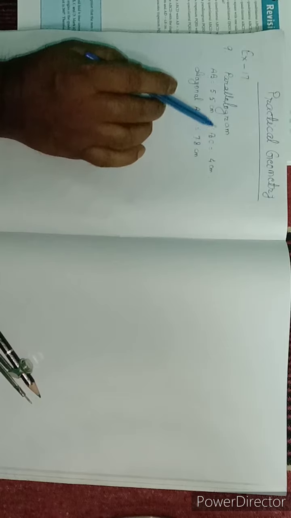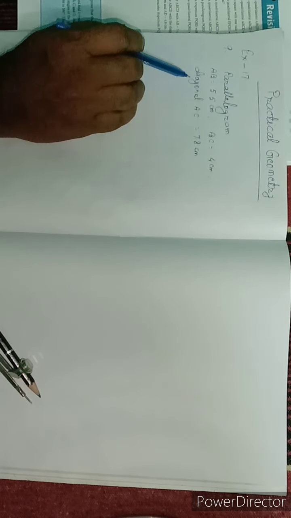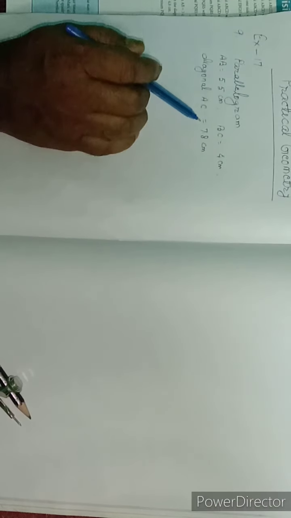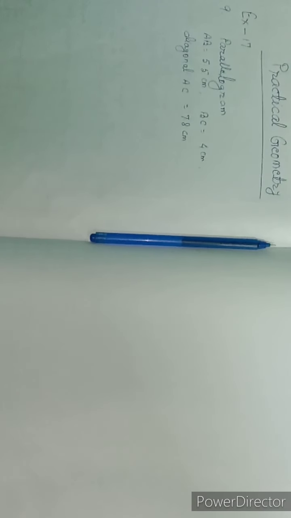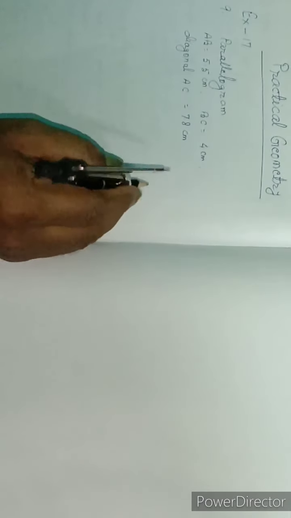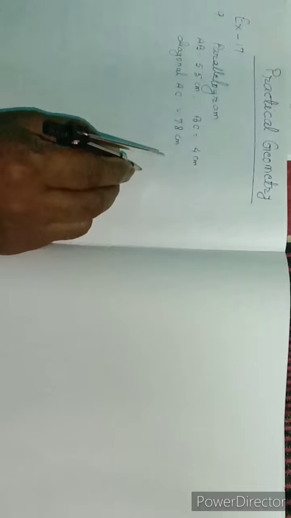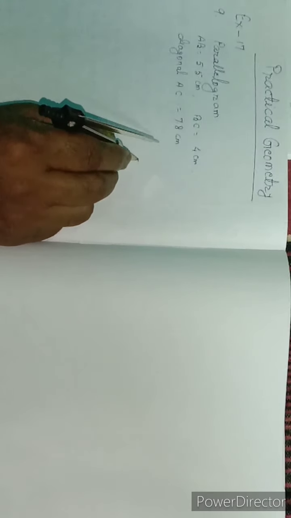From this given information we can say AB and BC, these two are adjacent sides and AC is the diagonal. So for a rough sketch, I am taking AB as the baseline.